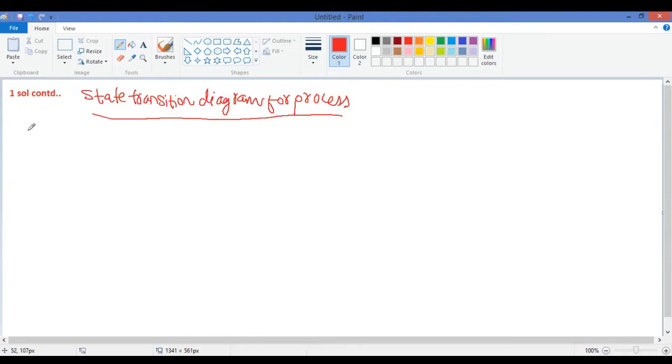So case A: first, system without multi-programming.